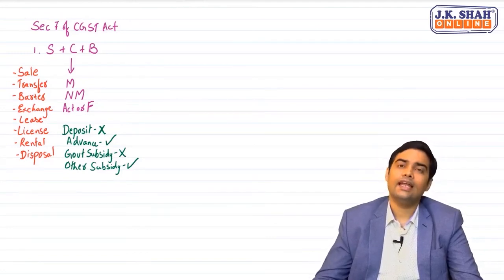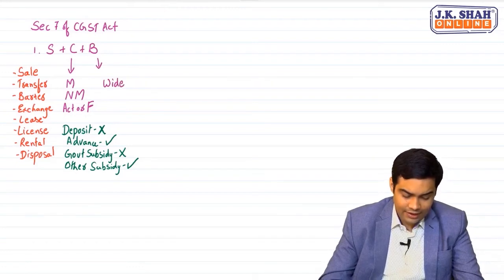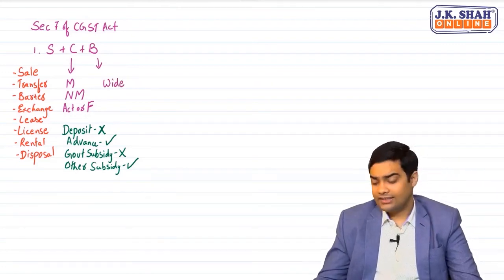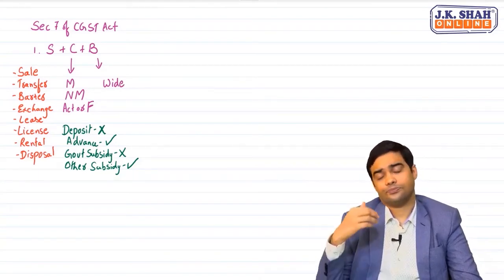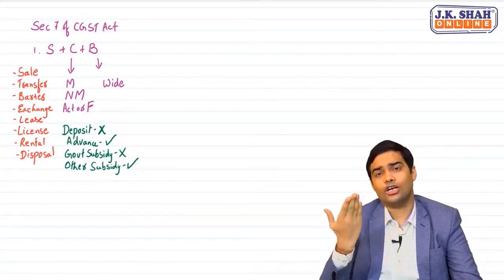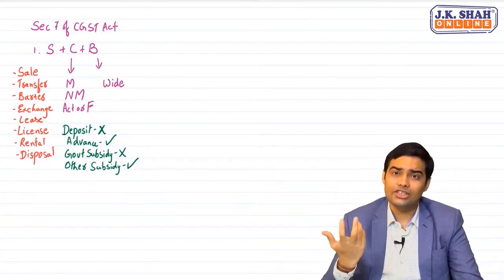Okay. Now, when we talk about the term business, it is very widely defined. In fact, it covers trade, profession, wager, commerce, manufacture, betting, gambling, lottery, race club, any adventure, admission.